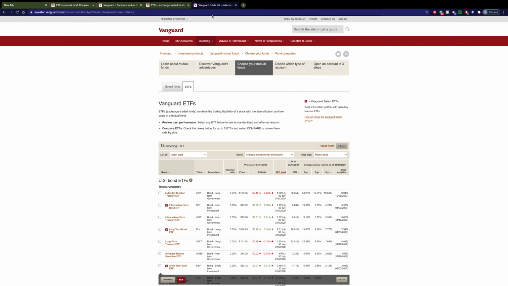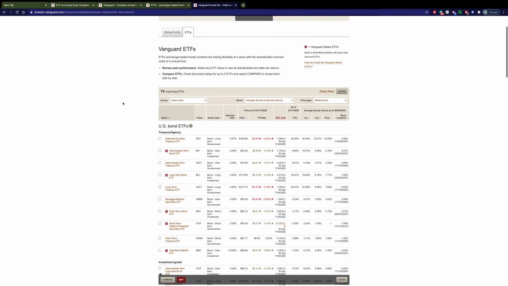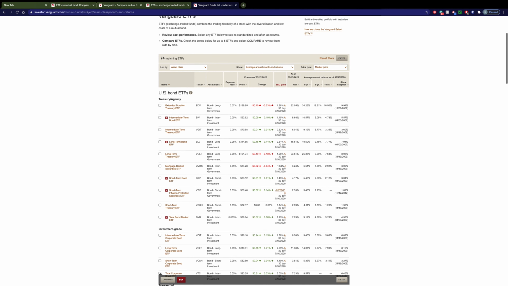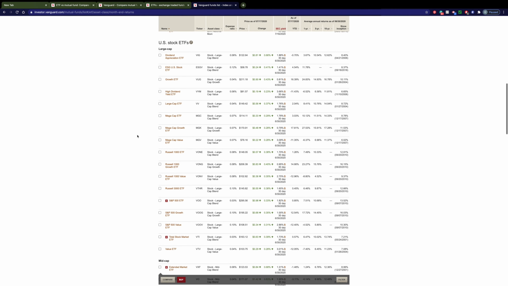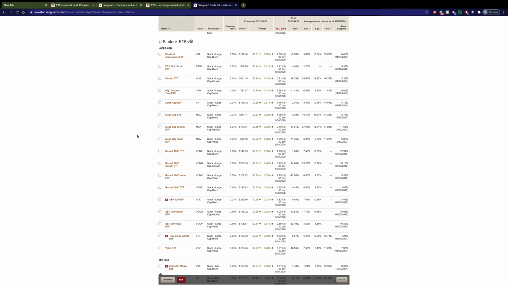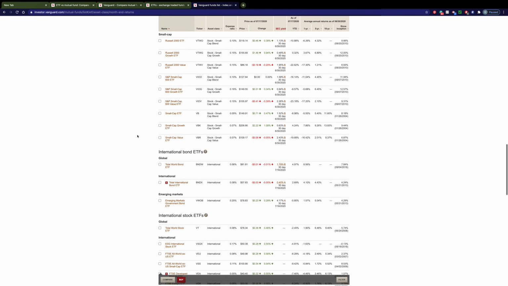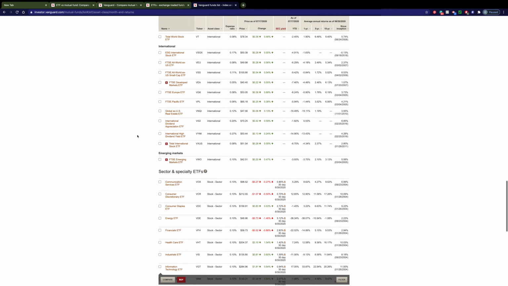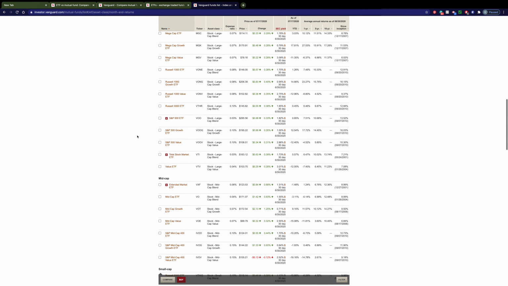Now, what I've done is pull up a list here of the Vanguard exchange-traded funds, and these vary. You can see that there are some purely bond exchange-traded funds, and there are equity exchange-traded funds, or stock funds. I'm going to click on a few of these and we'll compare some of them.